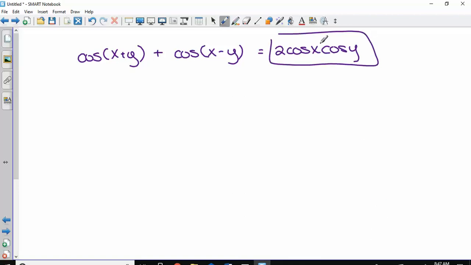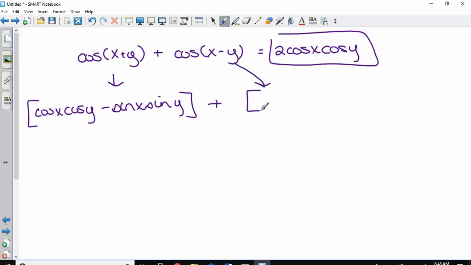What would I need to do on the left? Alright, so we have to do a formula for each. So cosine of x plus y, that is... alright, plus cosine of x minus y. What would that turn into?